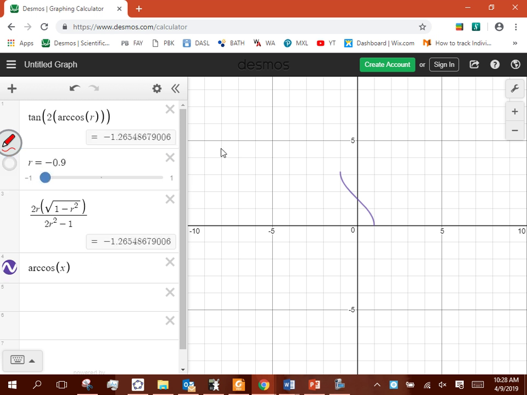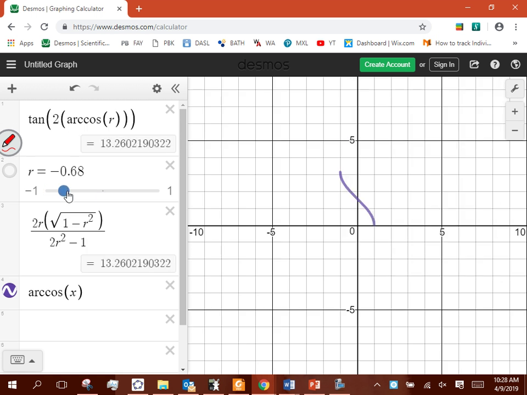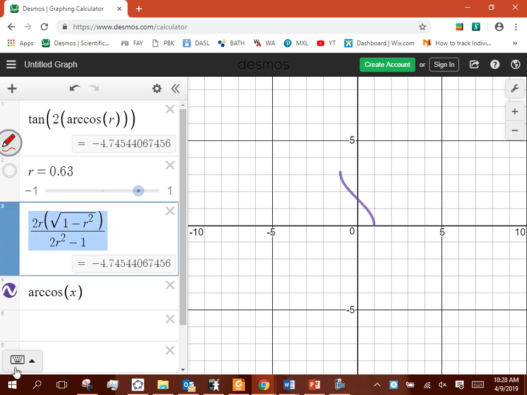And now here's the argument. If I make that slider change, are those two things, no matter what I substitute, are these two quantities always the same? So we've got the correct version. And what's nice about that is that it just got rid of the trig function, right? Okay.